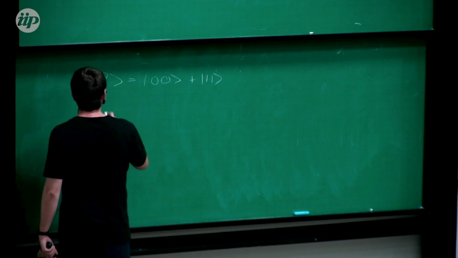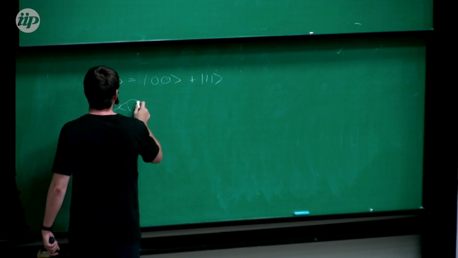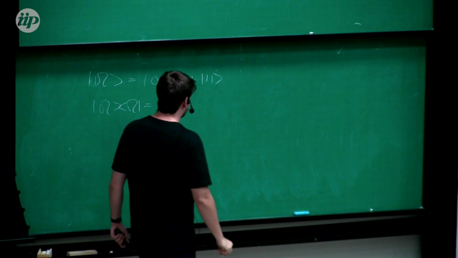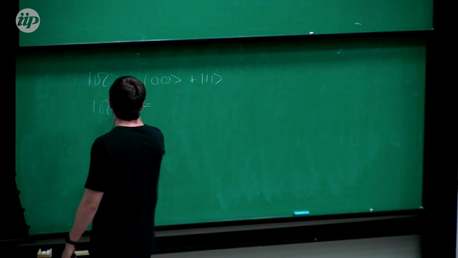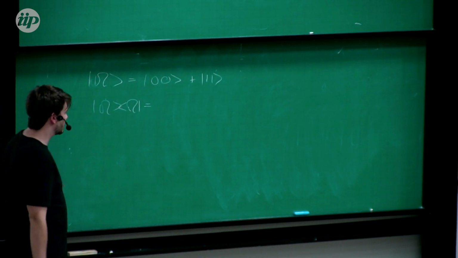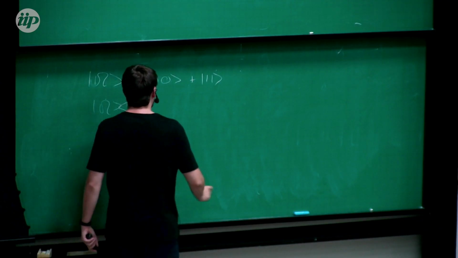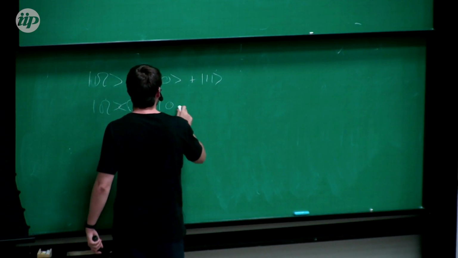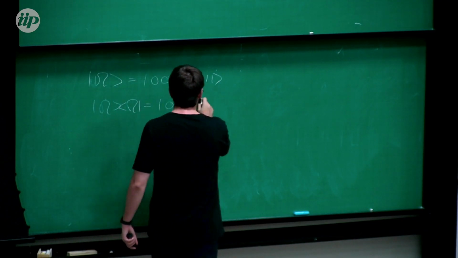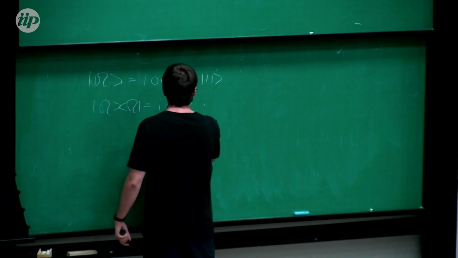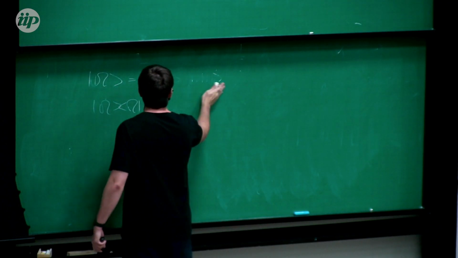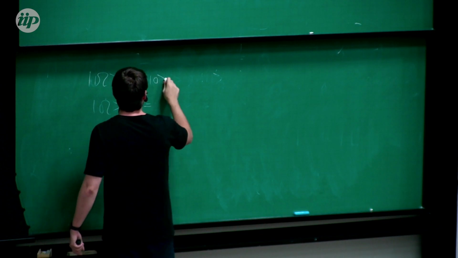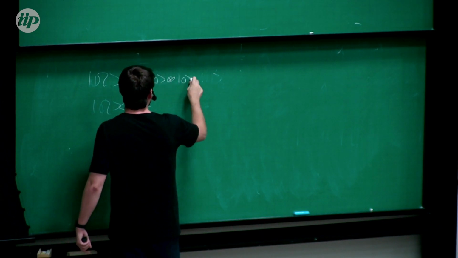So let's look at the density matrix you get from this pure state. Maybe I'll be a bit more pedantic with the tensor product so that it's easier to see what's going on.